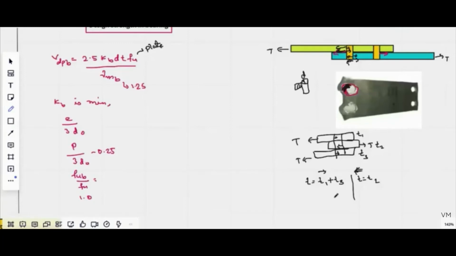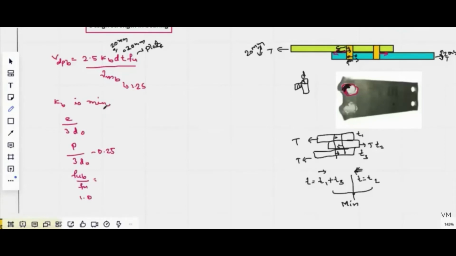We have to compare these two values and take the minimum of the two. But in our case, the thickness is 20 mm here as well as for this plate, so the thickness will be 20 mm, and the diameter of bolt is also 20 mm.